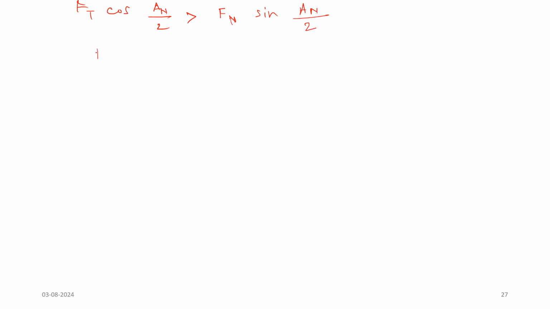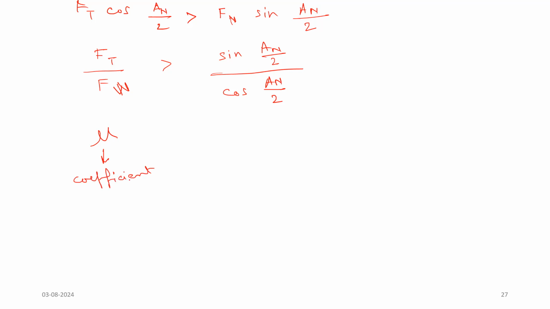So if we take everything to the left side, Ft by Fn is greater than sin n by 2 divided by cos n by 2. We know sin theta by cos theta is tan theta. And Ft by Fn we are representing as mu, that is nothing but the coefficient of friction. The coefficient of friction is greater than tan n by 2.